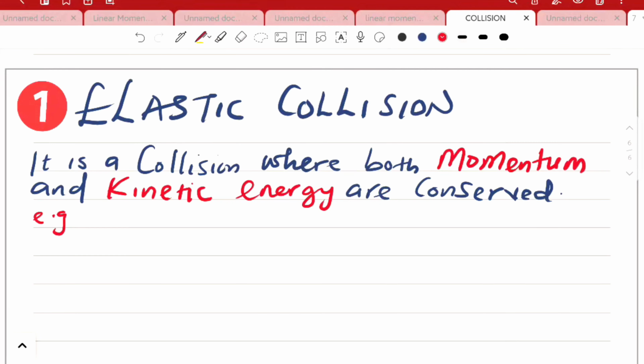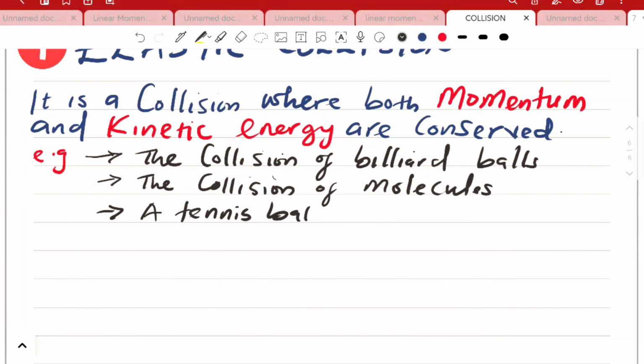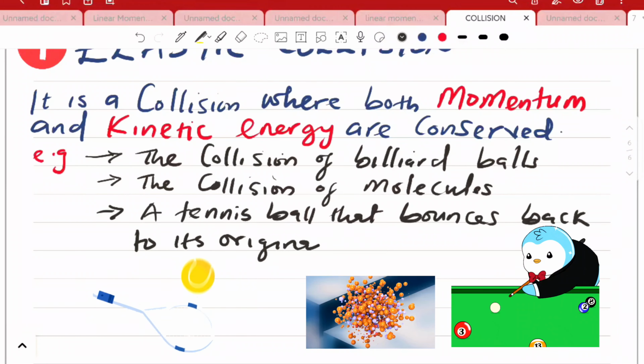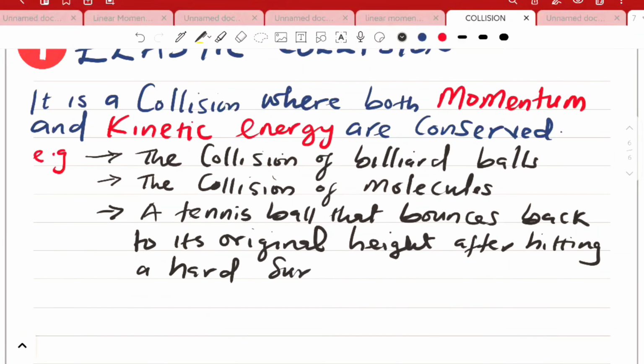For example, if we have the collision of billiard balls, that is snooker balls, or the collision of molecules in motion, of course, you know they will be randomly placed. And then number 3, we have a tennis ball that bounces back to its original height after hitting a hard surface. So all these are just simple examples of elastic collision.